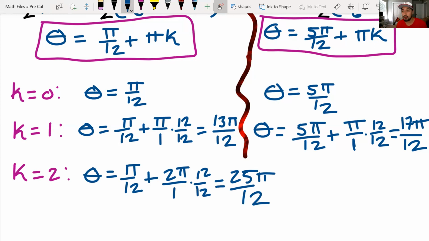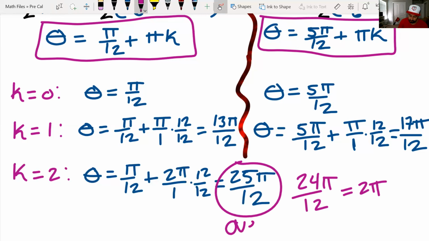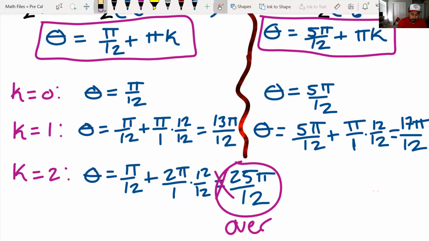And we can stop there because 25 pi over 12 is out of our unit circle. The reason I say it's out of our unit circle, just step back 1 radian. If we step back, 24 pi over 12 is 2 pi, which means 25 pi over 12 is over. So we don't use that one. Okay, so we stop there, which means we have our solutions.